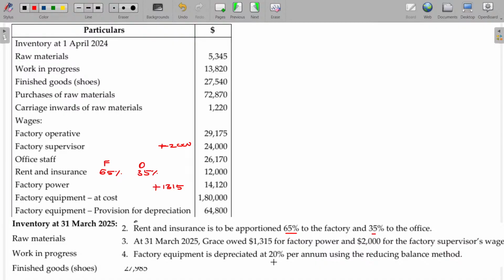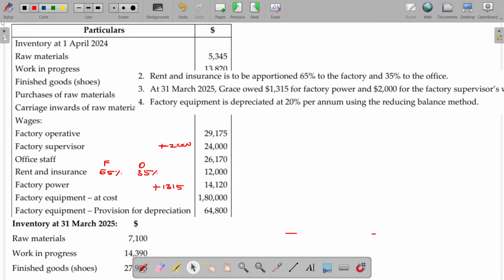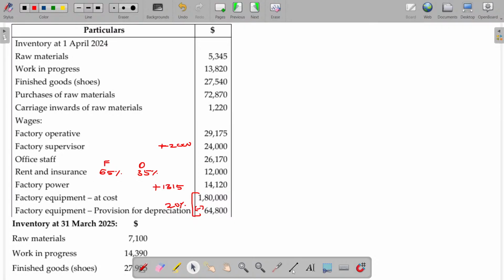Factory equipment is depreciated at 20% per annum using the reducing balance method. From the cost, provision for depreciation is subtracted. On that balance, 20% will be calculated. This is the logic.